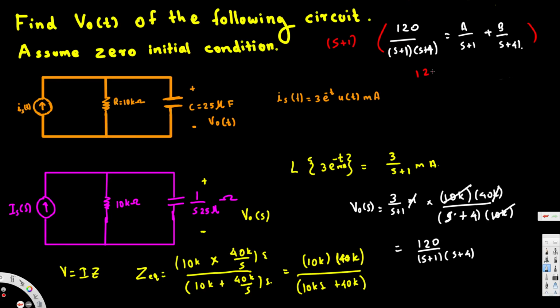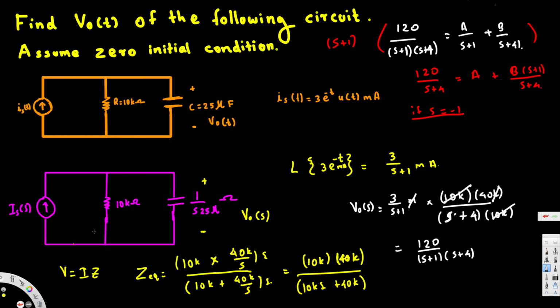We will have 120 over s plus 4 here, and A, and plus B times (s plus 1) over s plus 4. Here we are going to take s as negative 1, because we want to eliminate one of these. If we take s as negative 1, the B part will be eliminated, so we can solve for A.